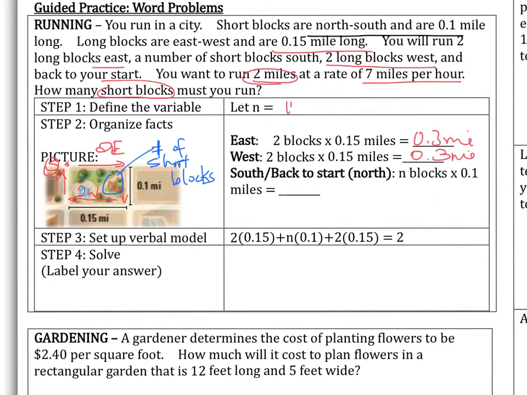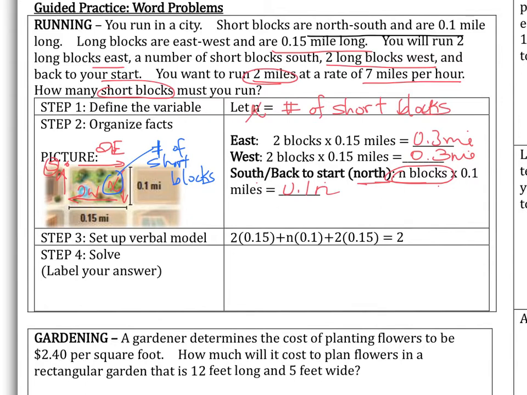And here we could put let n equal the number of short blocks. I could change this to x. Okay, so from south and back to start, we don't know. Okay, so we could say it's 1/10 n.